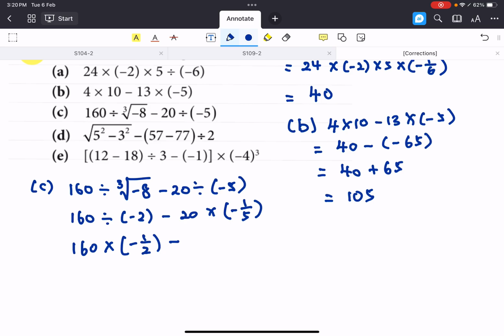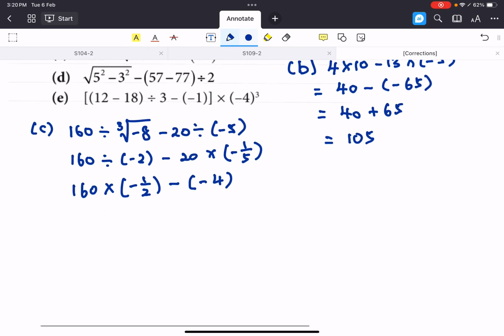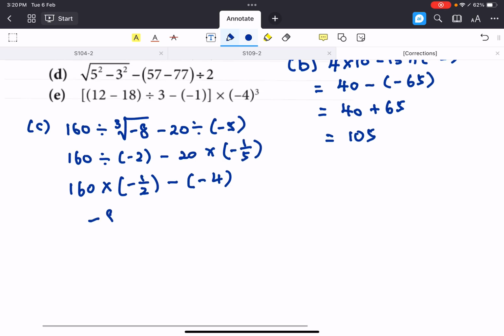I can do the multiplication first. 20 times negative 1/5 is negative 4. After that, 160 times negative half gives us negative 80. And then minus a negative is the same as a plus 4, which gives us negative 76.